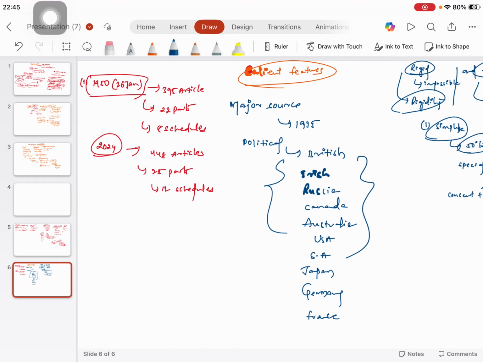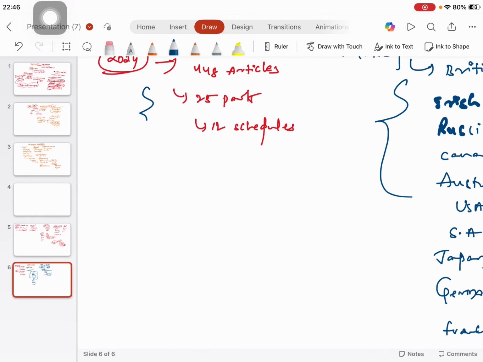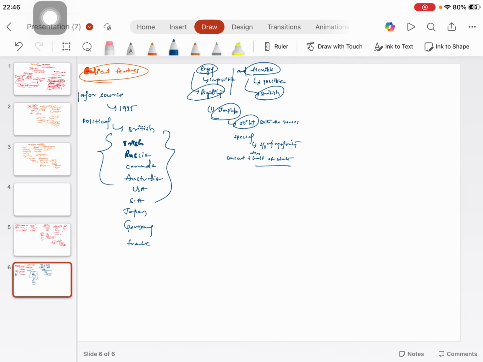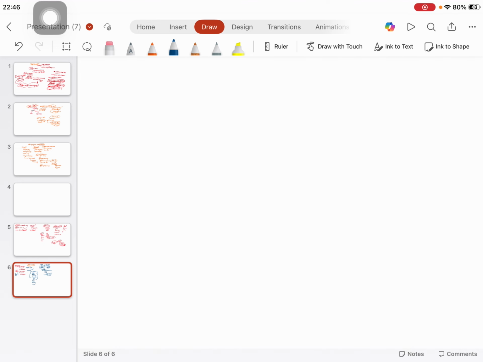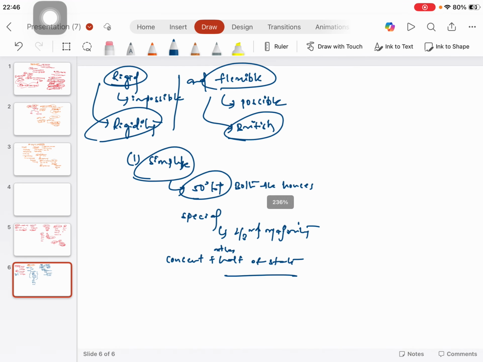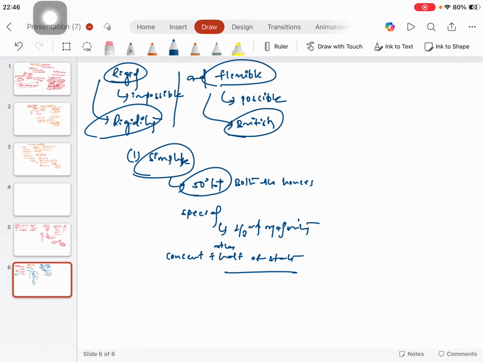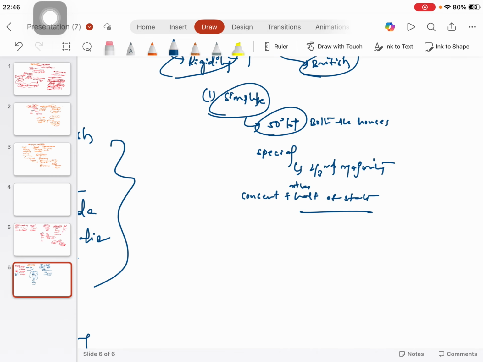Till now, there are 106 amendments. Okay, this is about rigid and flexible. It is impossible but possible, rigid and flexible.